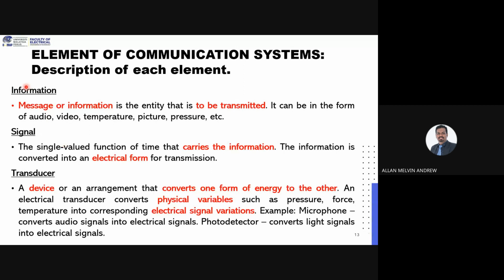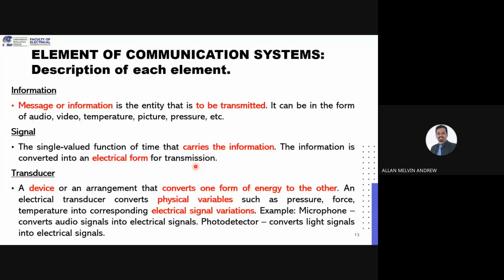So this information is like the Arum Manis mango, and the signal is like the packaging. You put the information in the signal and you transmit. The information is converted into electrical form for transmission. There are elements that will convert, such as analog to digital converter or digital to analog converter.